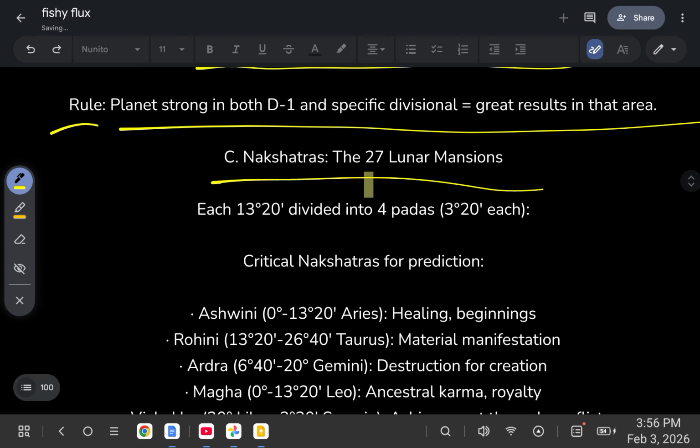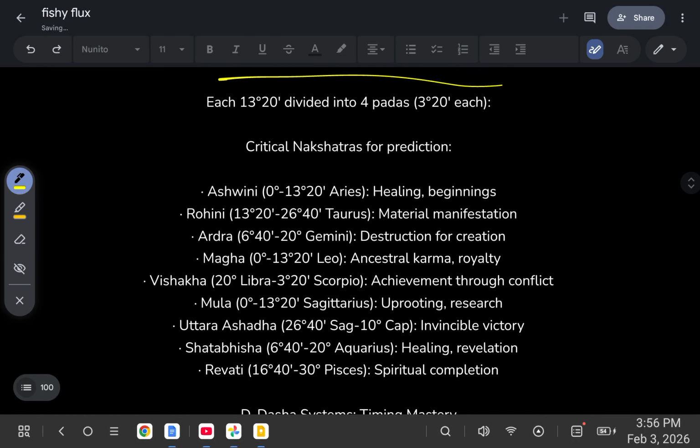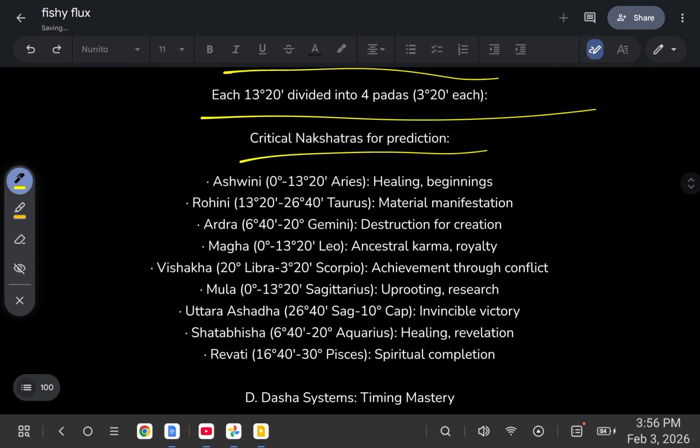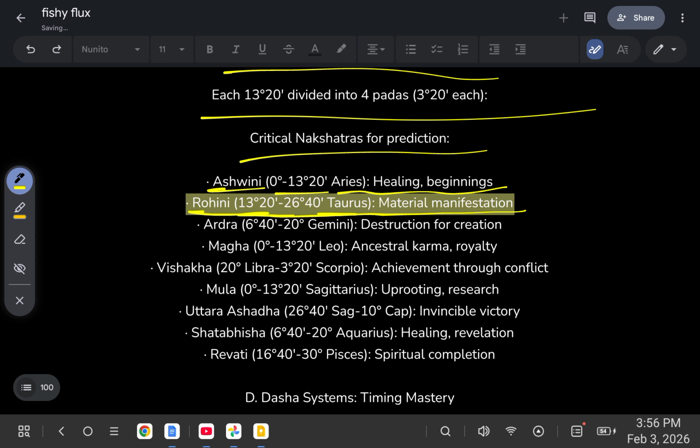Let's talk about nakshatras, the 27 lunar mansions. Each is 13°20' divided into 4 padas, 3°20' each, with critical nakshatras for prediction being Ashwini at 0 to 13°20' Aries, healing and beginnings. Rohini, 13°20' through 26°40' of Taurus, material manifestation.